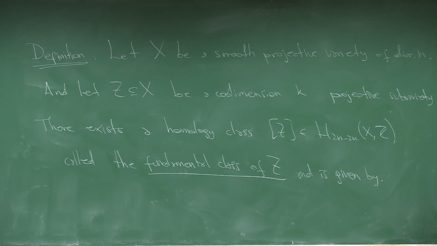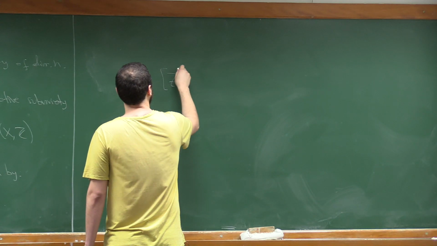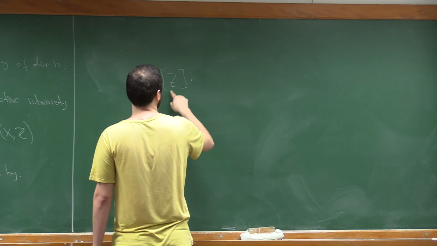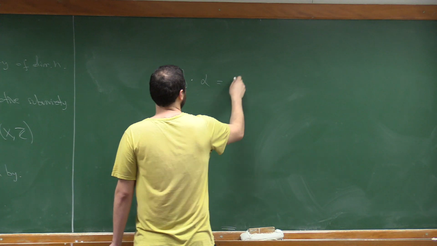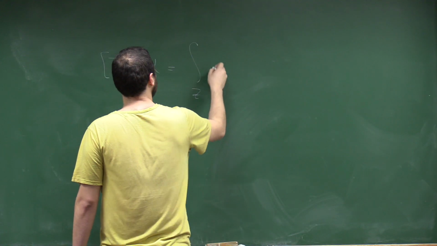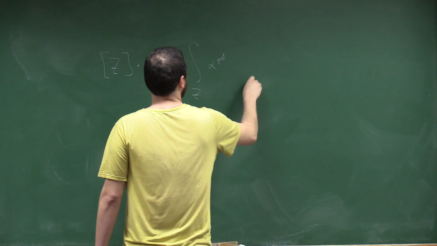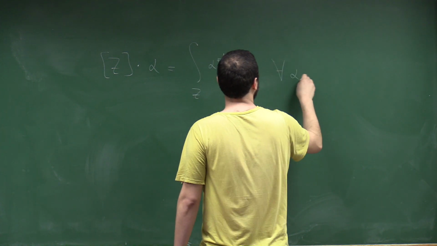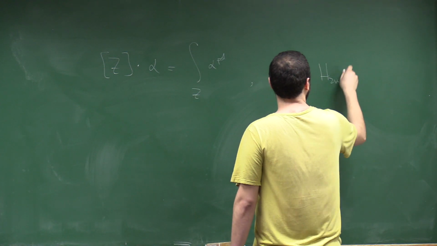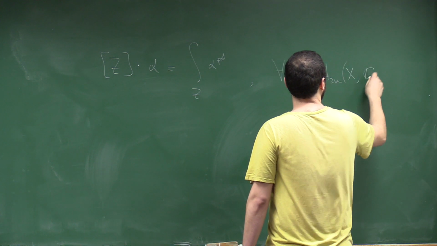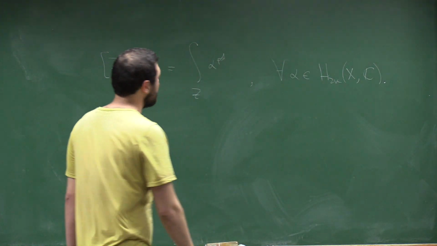So it's the class such that the intersection product of this class with any alpha is equal to the integral over Z of alpha PD, for every alpha, 2k-form, 2k-cycle.